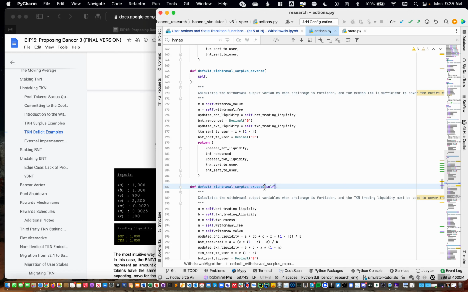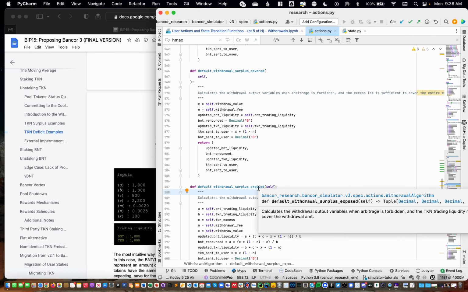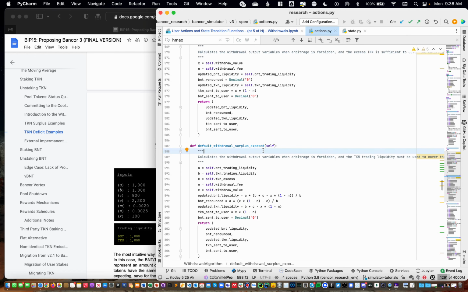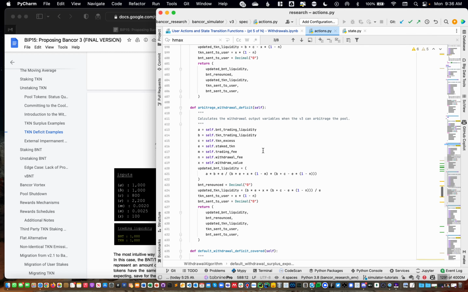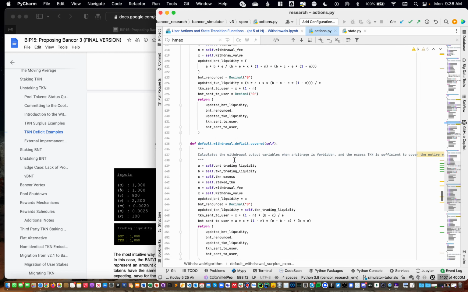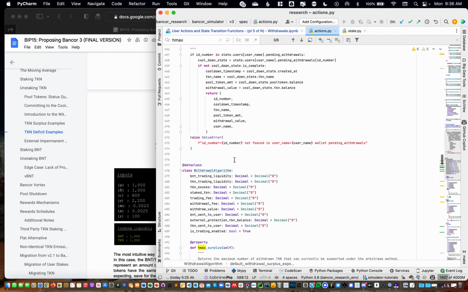So Mark mentioned these same terms when he was talking, and you should find a lot of agreement between the Excel spreadsheet that Mark was just referring to, and the specific names of these conditions that he was using, which basically align with what you see in the simulator.